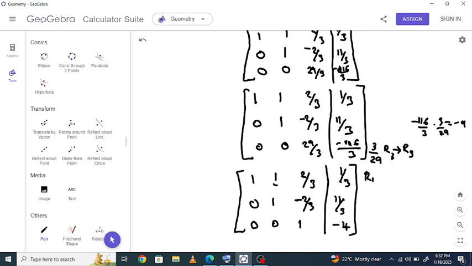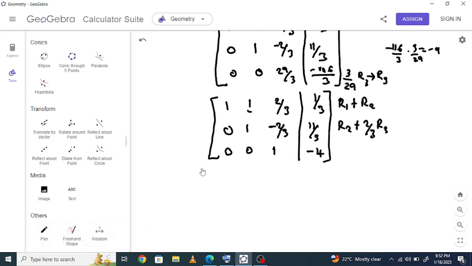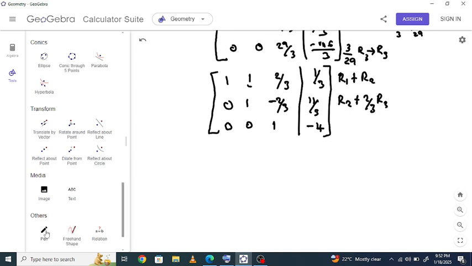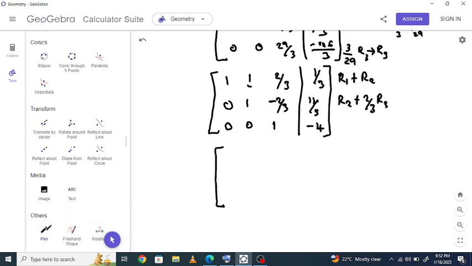We have R1 minus R2, which will give us a 0 where we have 2 over 3. At the same time, we can say row 2 plus 2 over 3 row 3 will help us eliminate the -2 over 3, because we're targeting a unit matrix, or a matrix whose diagonal entries are 1, and those are the only entries it has.